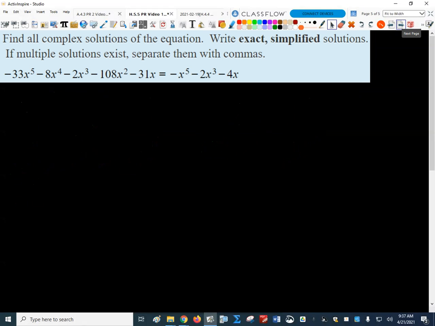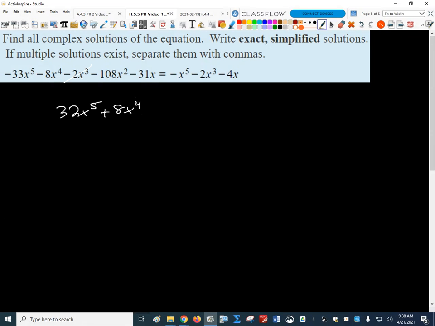Okay, one more. Looks terrible, right? So same as before, we're going to push everything to one side. We'll push it to the right side this time, so we get a positive leading coefficient. Okay? So that's going to give us, if I add 33, that's going to give me 32 x to the 5th. I'm going to add this 8x to the 4th.